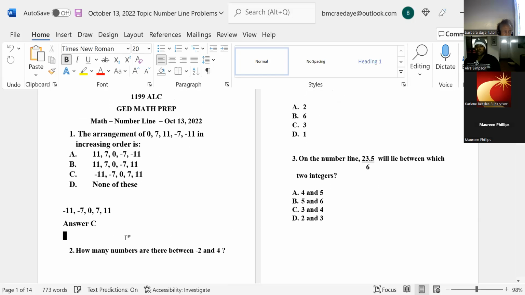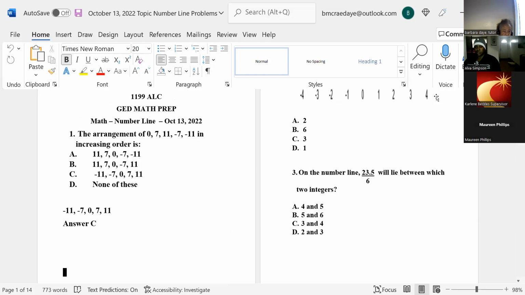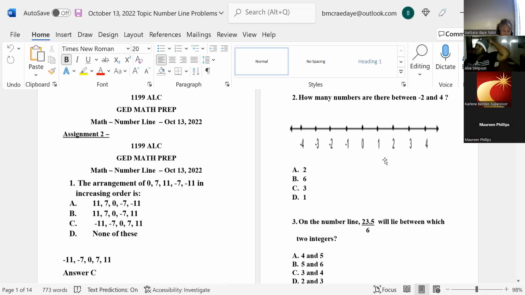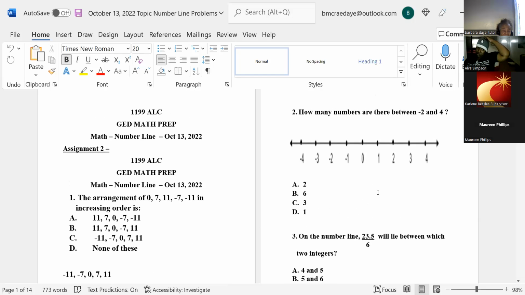How many numbers between -2 and 4? Now you can look at the number line and count them, right? -2 is right here and 4. So when you count them, how many do you see, Michelle? Between -2 and 4, that's 1, and 2.